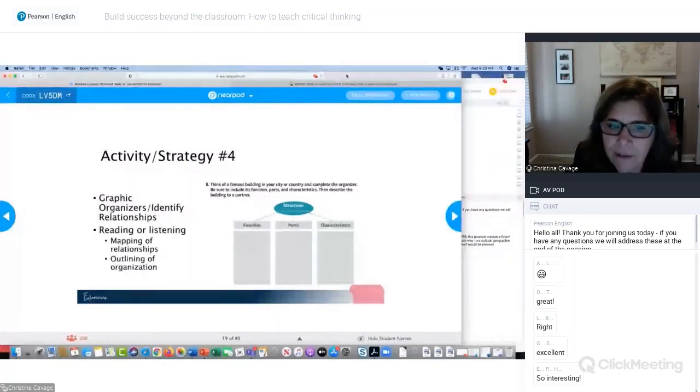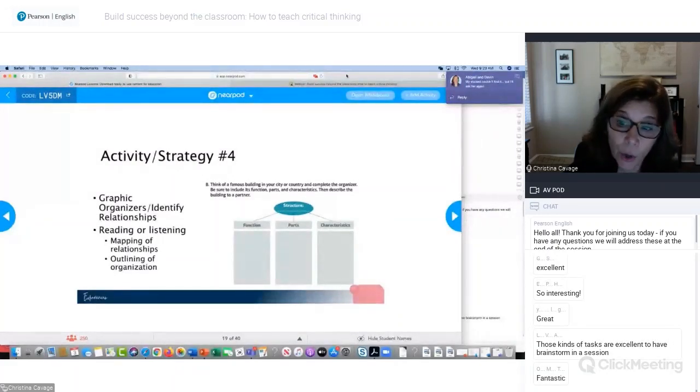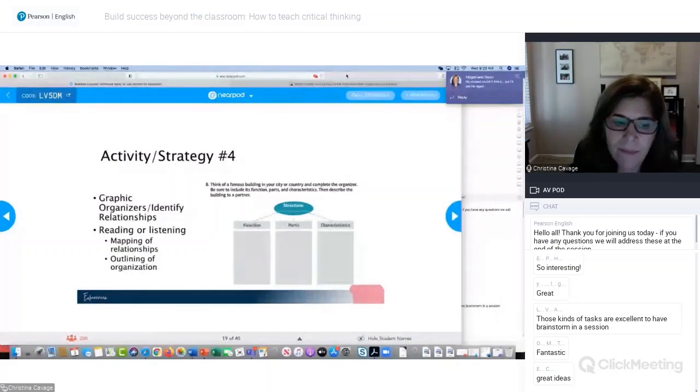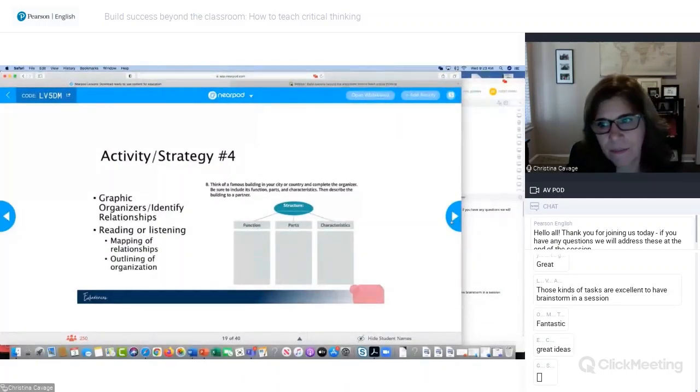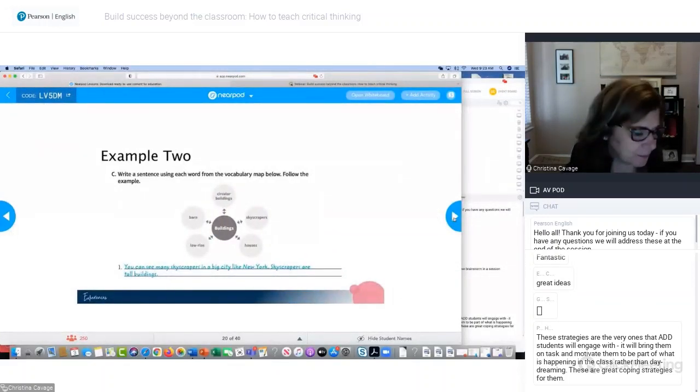So here, after the listening, they actually have to do the same thing for their own structure that they come up with. So they themselves are not only making connections to what they heard or read, but making a connection to something within their environment. So that's just one simple graphic organizer.